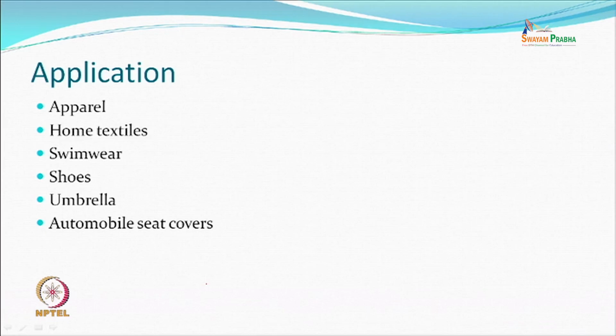Polyester and nylons are quite popular as far as swimwear is concerned. Shoes, which are a product as such, people would like to print anything on. Umbrellas, automobile seat covers, some of these are a natural choice for dispersed ink.